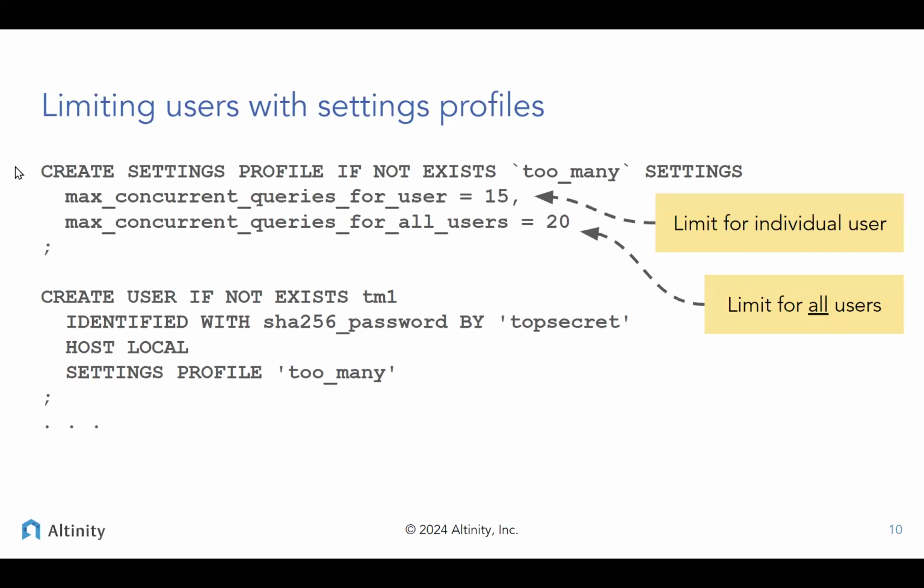So any given user can only have 15 concurrent queries, and there's a limit for all users under this profile, which is going to be 20. In the test system that I was playing around with, I had set the limit at 25. So this should protect us from these users. And then when you do a create user command, here's how you assign that settings profile.